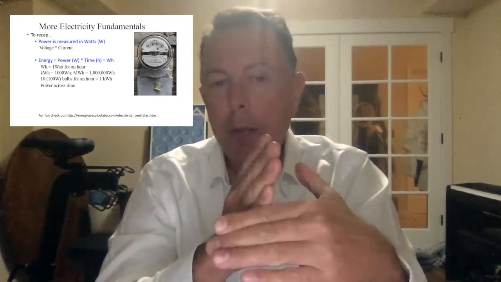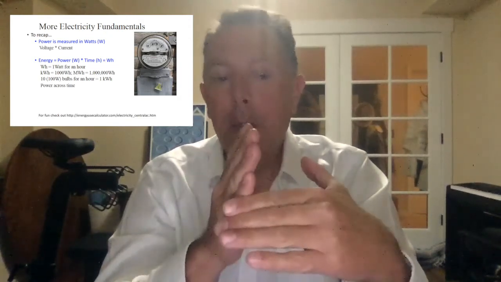When we take that power across time, we get what we think of as energy. As I said before, it's not so common to think of watt hours, which is the consumption of 1 watt for a period of an hour. We tend to think in kilowatt hours. Not surprisingly, that just means 1,000 watt hours.